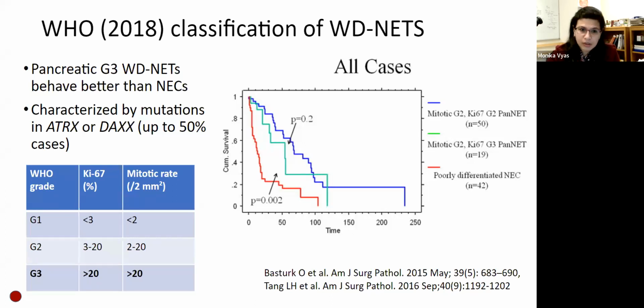On a molecular level, these show mutations which are similar to well-differentiated neuroendocrine tumors, such as ATRX or DAXX genes. So these have been characterized now as grade 3 well-differentiated neuroendocrine tumors. And one would not typically want to use platinum-based chemotherapy in these cases because these wouldn't respond, and would respond much better to somatostatin analogs.